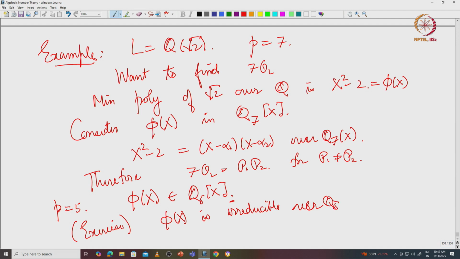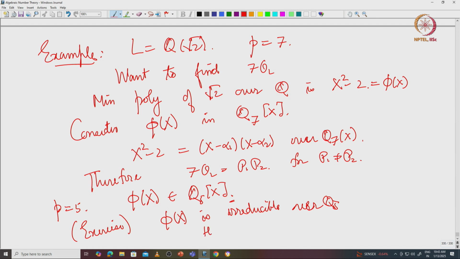This is a degree 2 polynomial, so being irreducible is the same as not having a root. You want to show that x squared minus 2 equal to 0 does not have a root in Q_5, and you can show that by showing that if it has a root then it will be in Z_5, which means that there will be a root in F_5. And we know that there is no root to x squared minus 2 congruent to 0 mod 5.